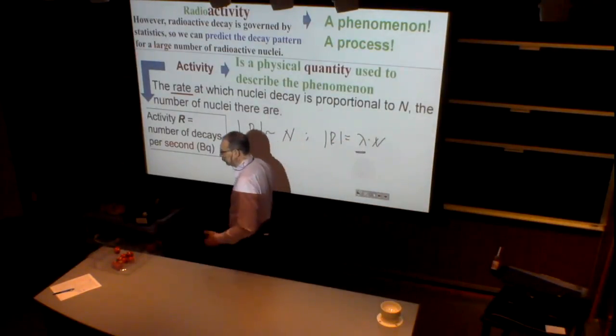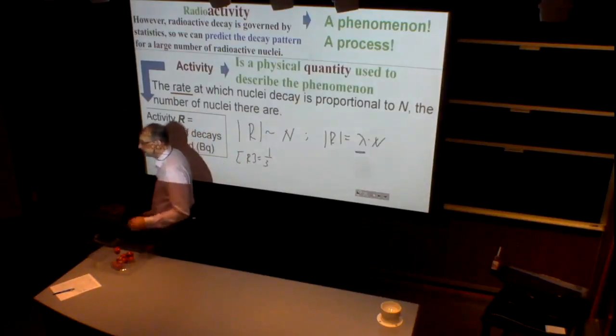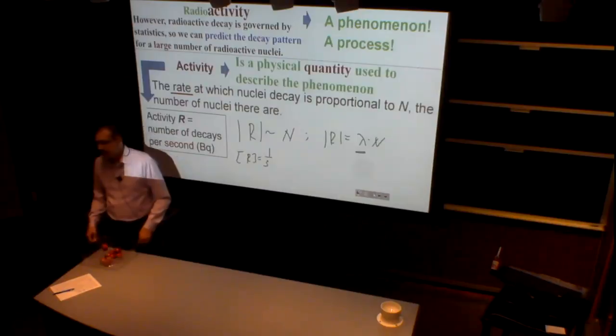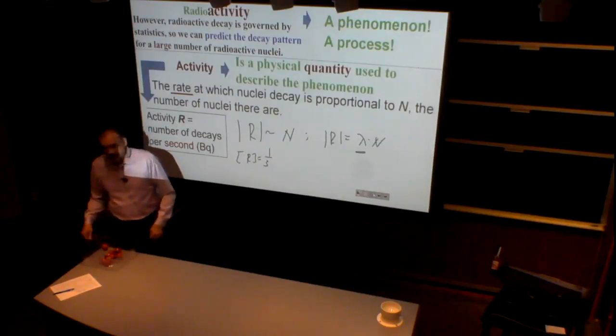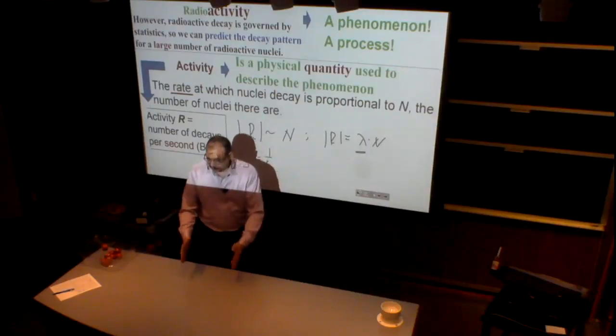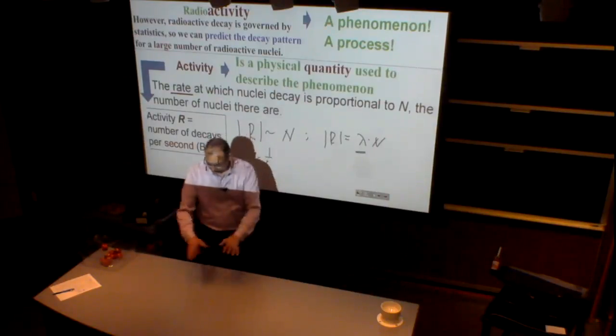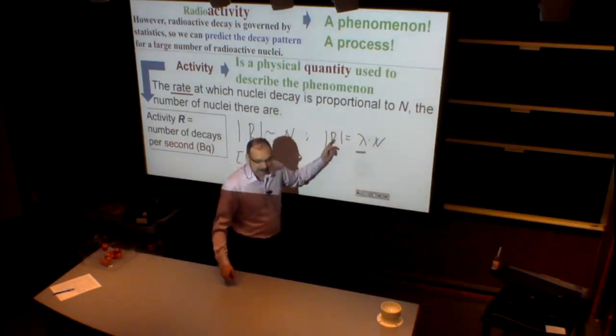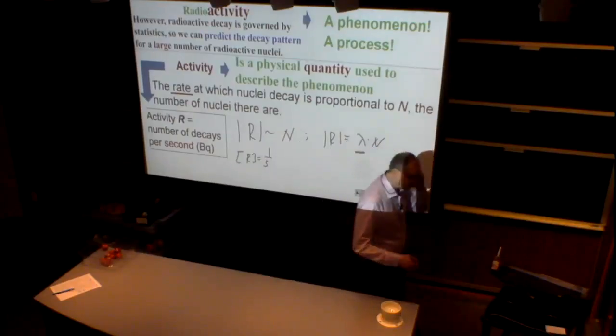Historically, people use this letter lambda for the coefficient, and we call it decay constant. A decay constant relates the instantaneous number of radioactive elements and the activity of this particular sample. A huge number, high activity; small number, low activity.